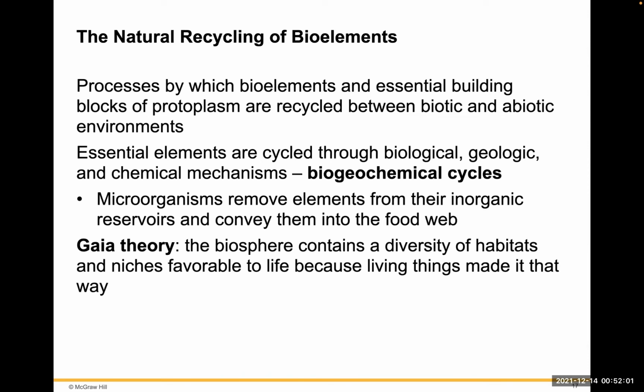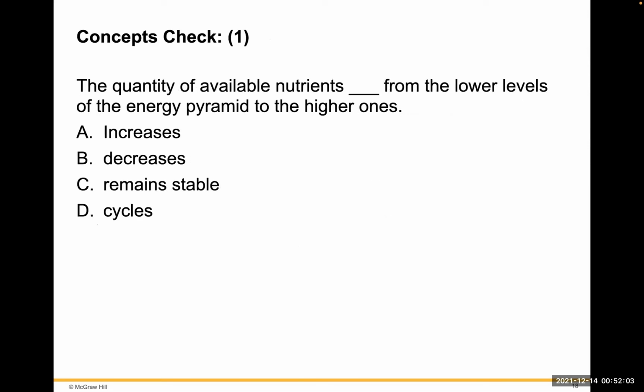We feed each other. So the quantity of available nutrients from the lower levels of the energy pyramid to the higher ones, does it increase, decrease, remain stable, or cycle? We have a whole bunch of nutrients available, and then we use it to make energy. As it goes up the chain, there's less and less because we use some of that up.